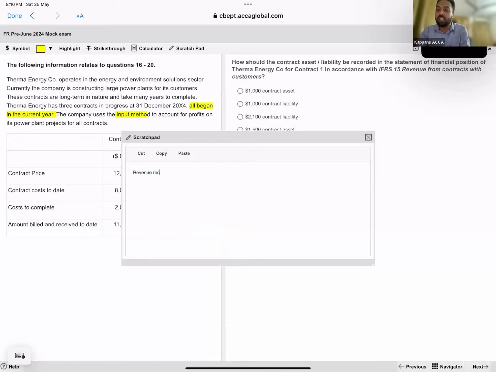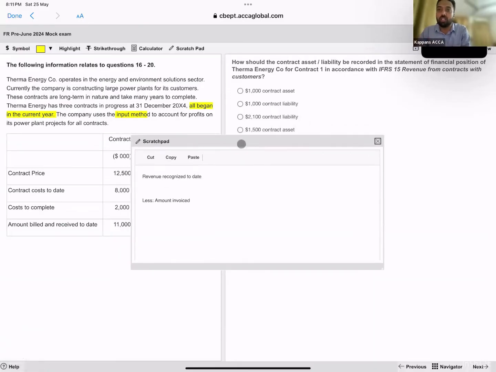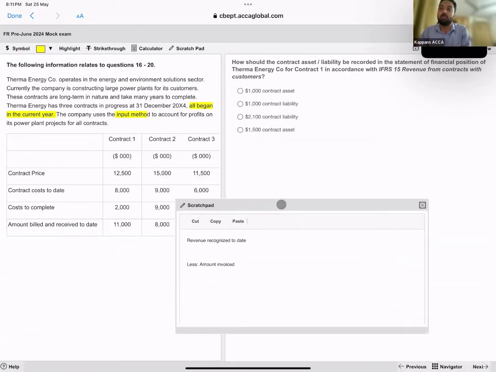It is revenue recognized to date less amount invoiced. And how will you calculate revenue recognized to date? Total contract price multiplied by percentage of completion.